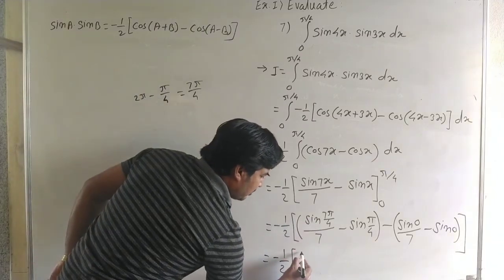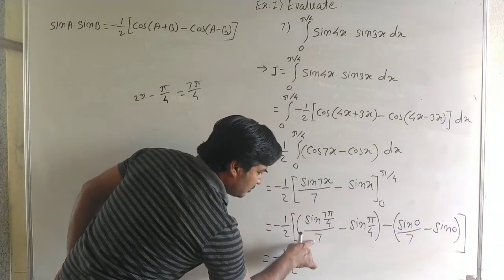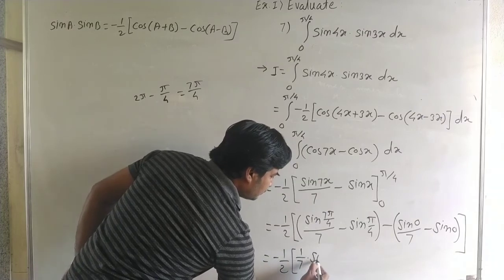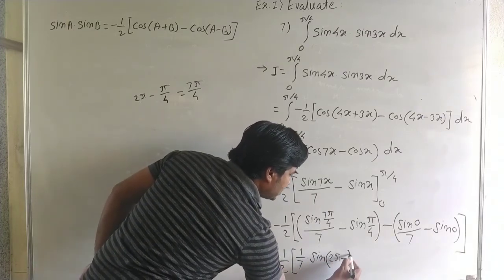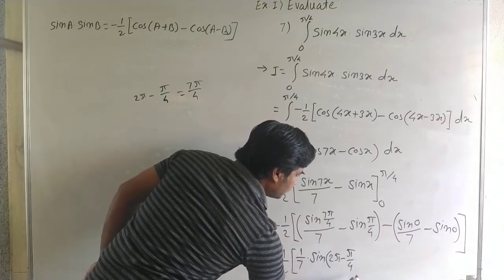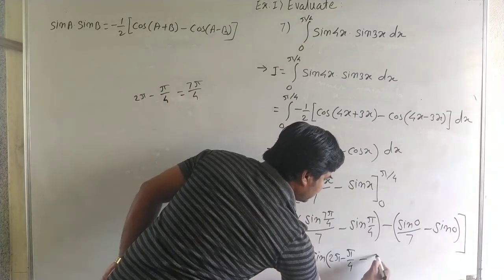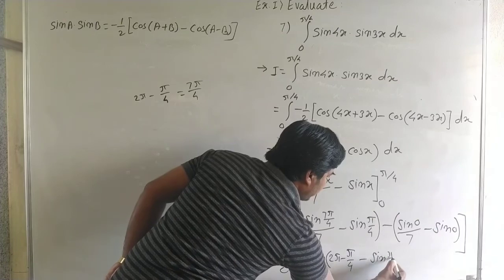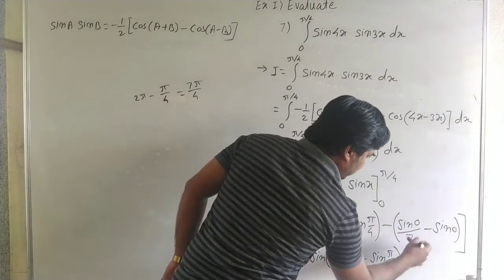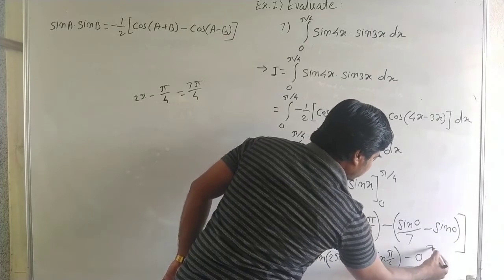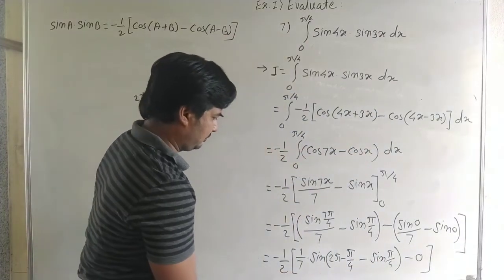Then here it is 1 by 7 into sin(2 pi minus pi by 4), minus sin pi by 4 as it is, and the last terms become 0. Okay, carefully.